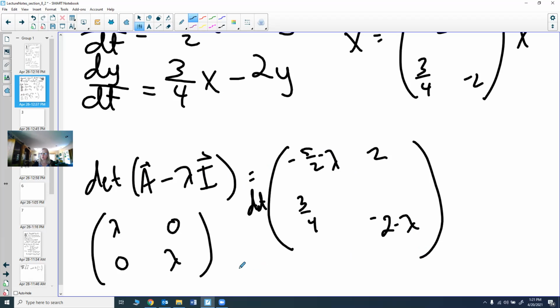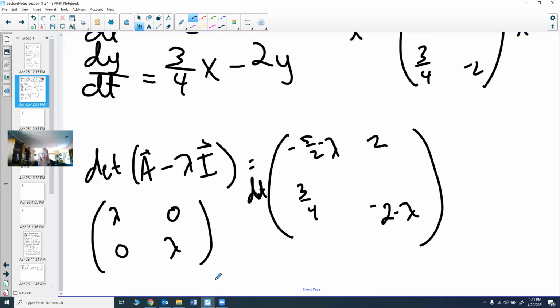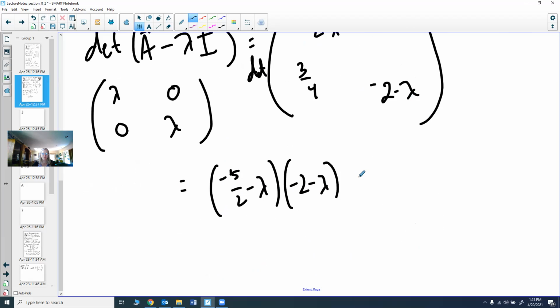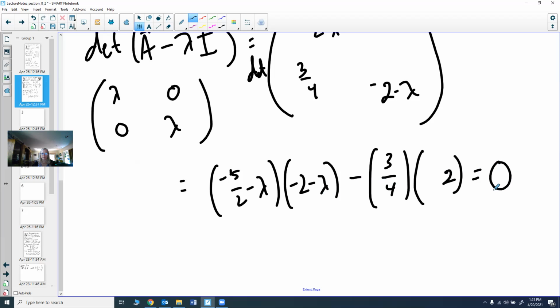So let's go ahead and find the determinant. Again, you multiply down the diagonal and multiply the other way. So you're going to have minus 5 halves minus lambda times minus 2 minus lambda, minus 3/4 times 2. So you multiply down the diagonal and subtract the other way, and that's going to equal 0.